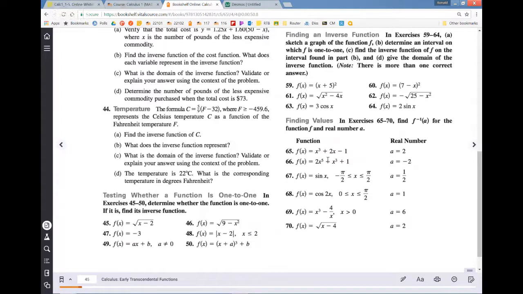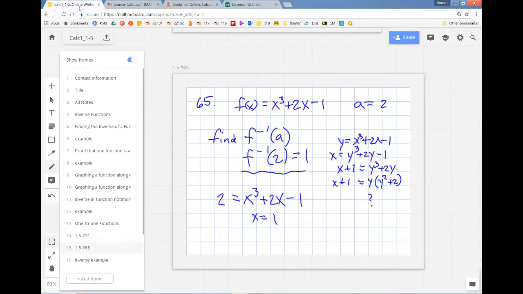So in other words, when the answer to this thing is a, what's x? So if we come back to the problem, and you find out you can't find the inverse, take a look over here on the right. Here's the original. If you just swap the variables, you get x equals y cubed plus 2y plus 1.